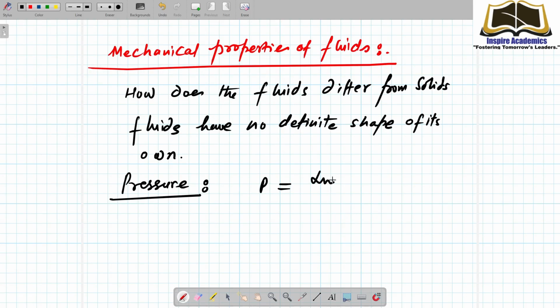Pressure is limit delta A tends to 0, delta F upon delta A. If there is a small surface area and you are putting a certain force delta F, then in the limit delta A tends to 0, the ratio of delta F upon delta A represents the pressure. Pressure is a scalar quantity. So you should remember it is a scalar quantity.